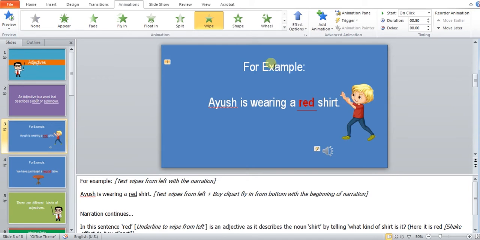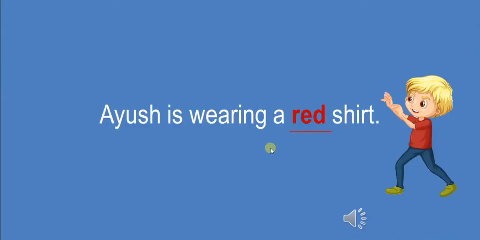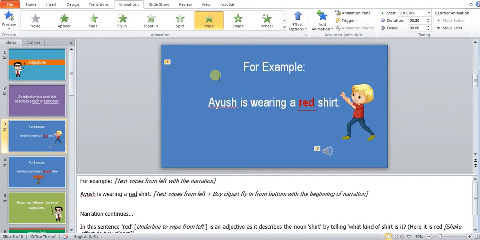And you will notice that the wiping effect is not exactly what it has written, which says text wipes from left. But when you currently check your animation, it is coming from bottom to top. Okay. So to change that, select the effect here, and you can find effect options here.